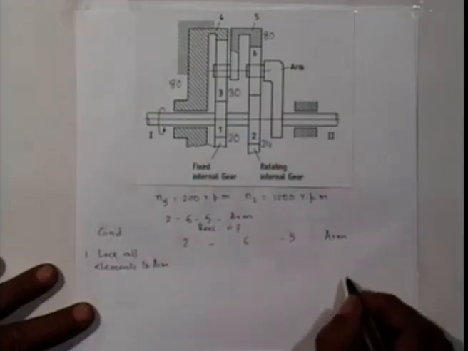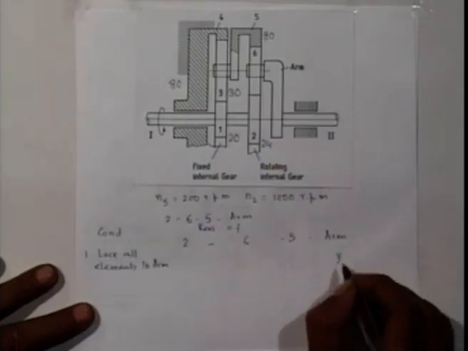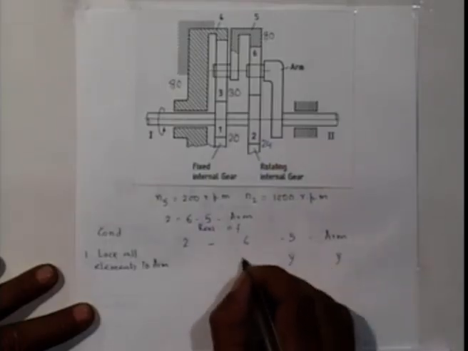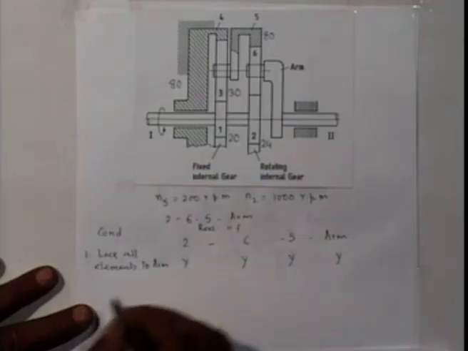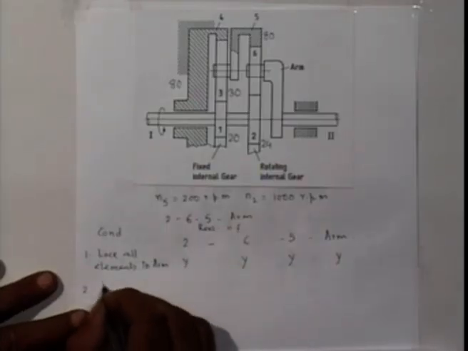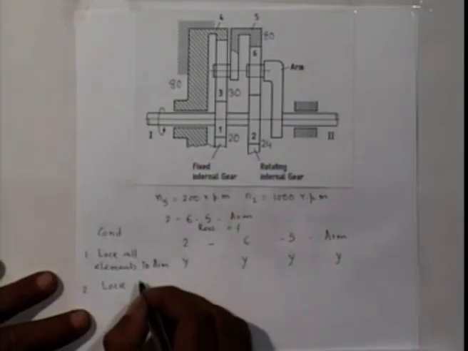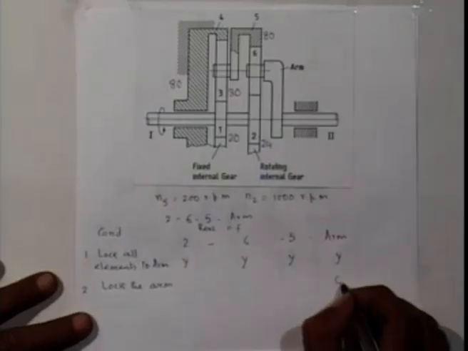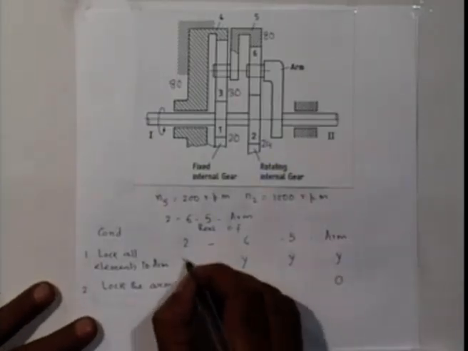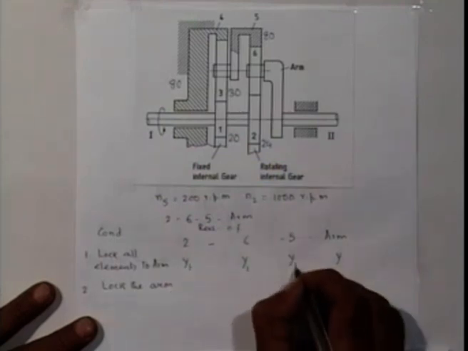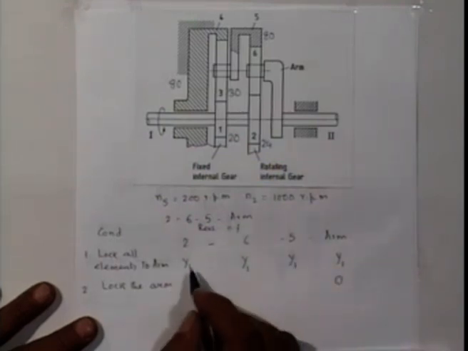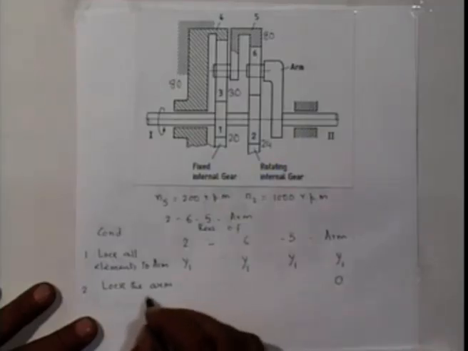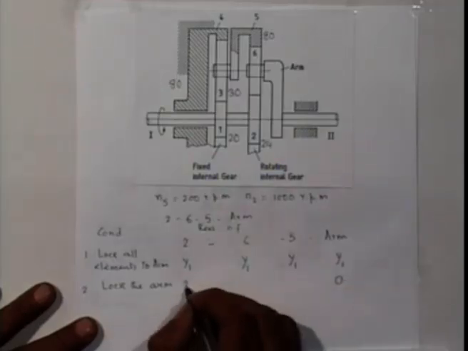All these elements are locked to the arm and give y revolution to the arm. So all the elements get y revolution. Then lock the arm, that is arm no revolution and give, let me call it y1 so that we do not confuse with x and y we used earlier. Let me call it y1 and lock the arm and give say x1 revolution to gear 2.